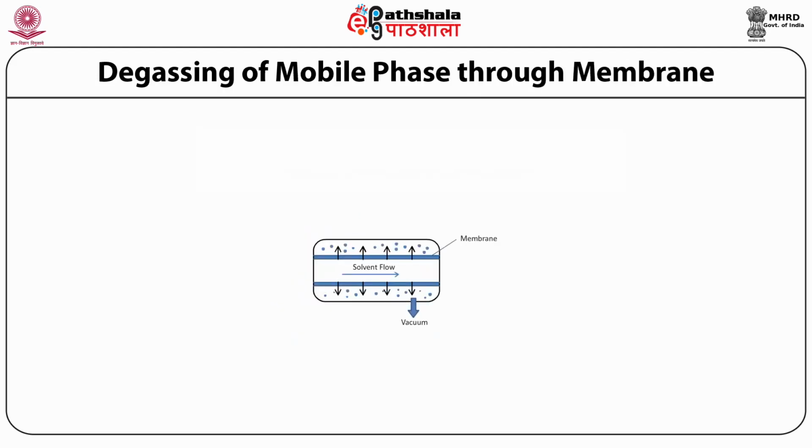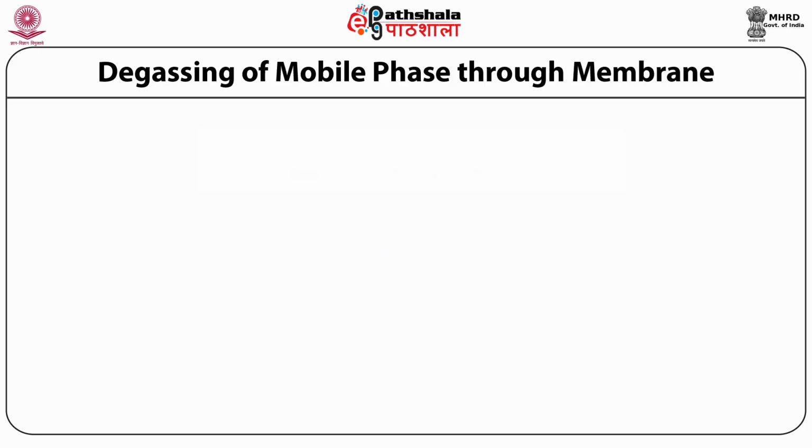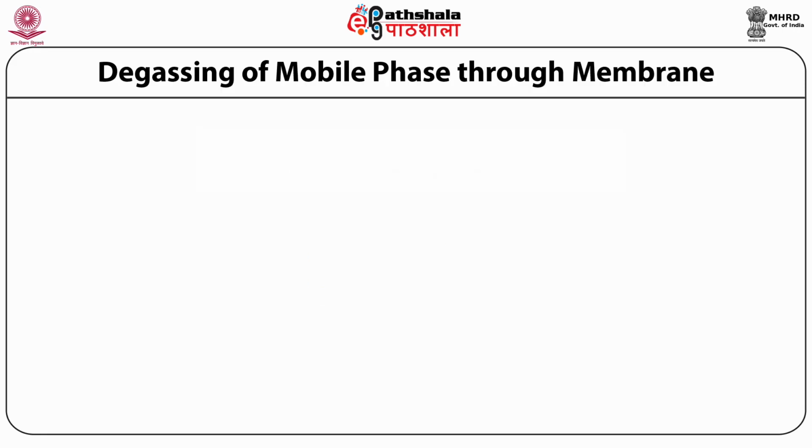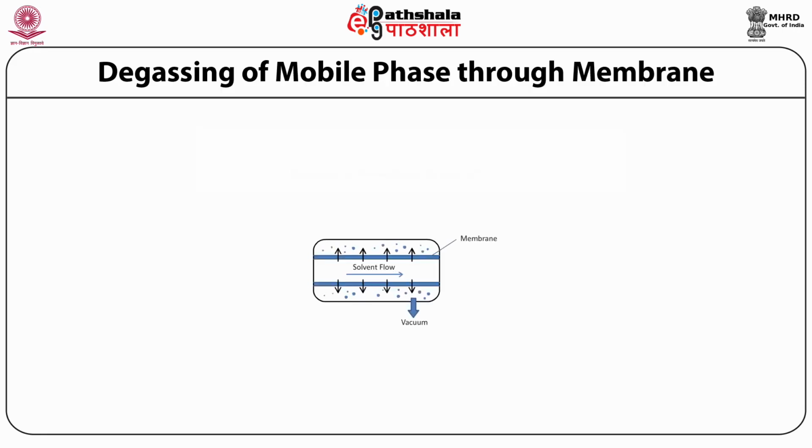Degassing of mobile phase through membrane. Online membrane degassing is the most convenient approach for solvent degassing. It consists of a hollow fiber made up of semi-permeable membrane through which the mobile phase or solvent flows. A partial vacuum is maintained on the outside of the membrane. The principle is simple.